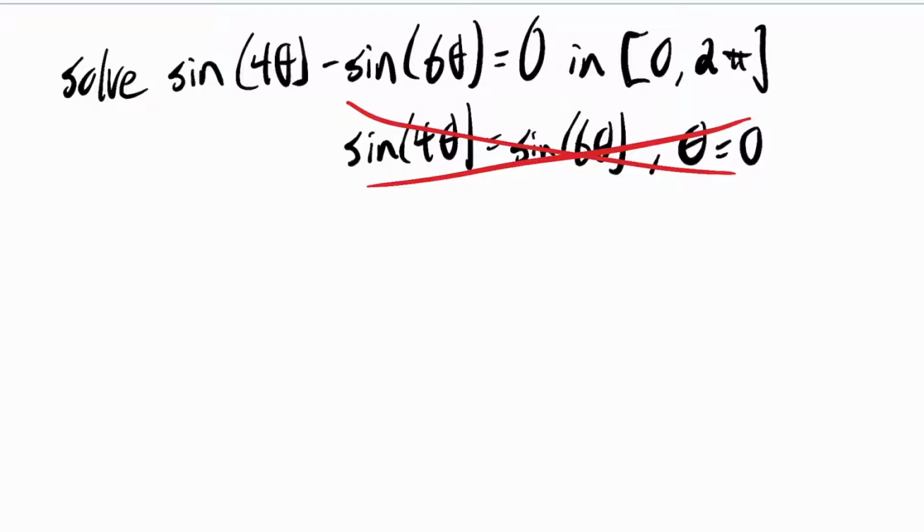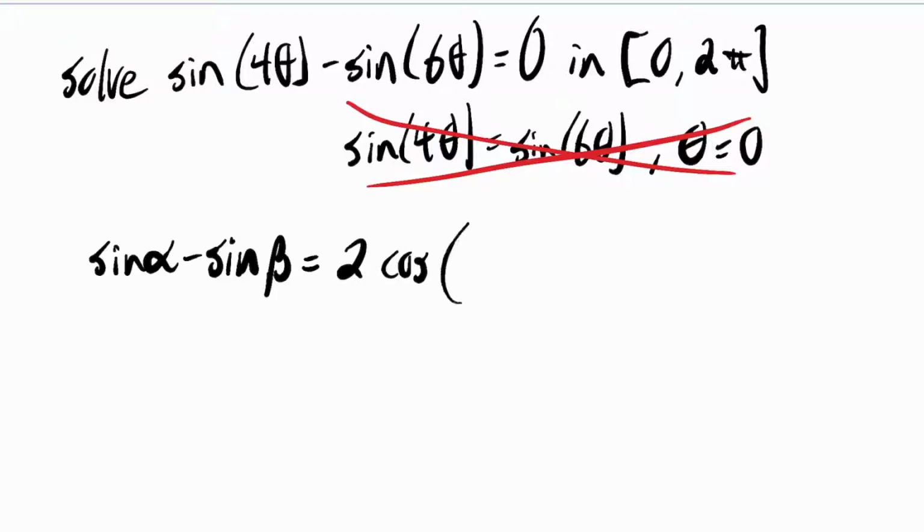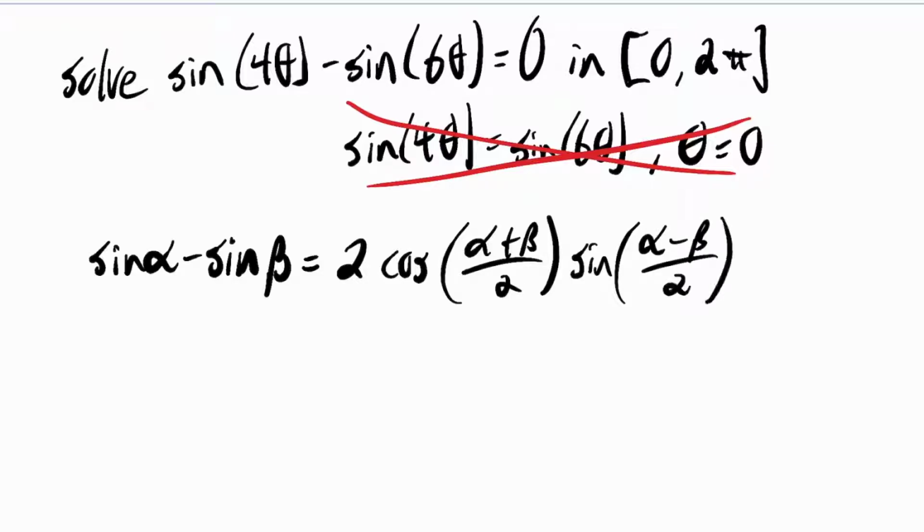Okay, so I need to use the formula sine alpha minus sine beta equals 2 times cosine of alpha plus beta over 2 times sine of alpha minus beta over 2.